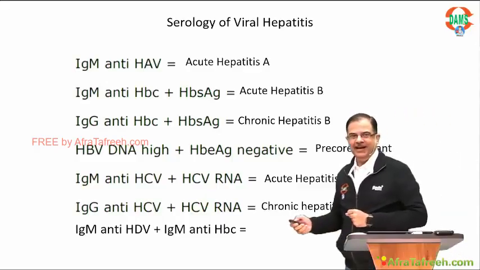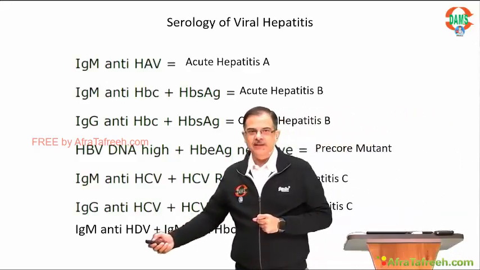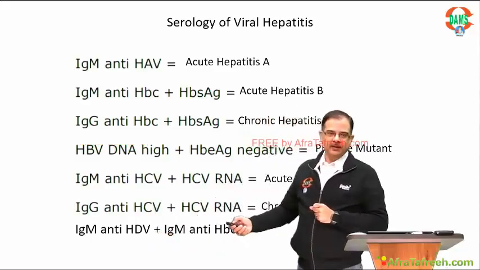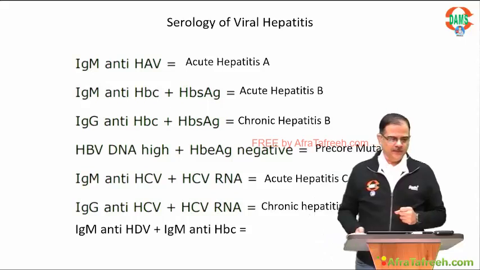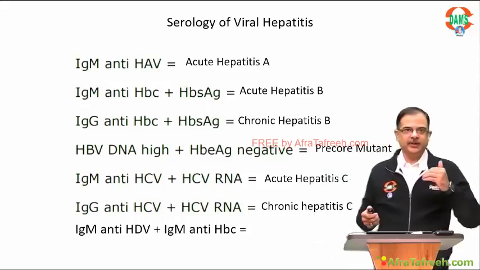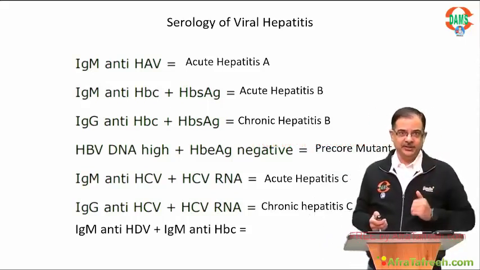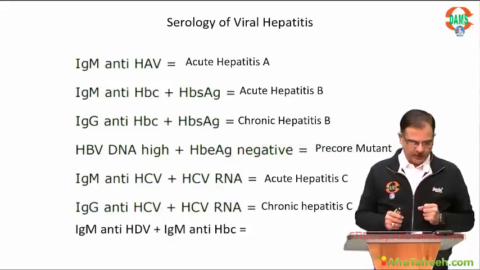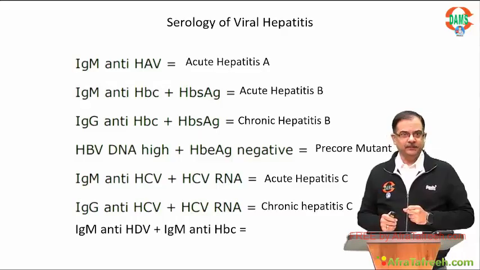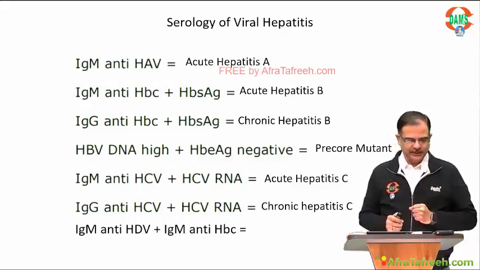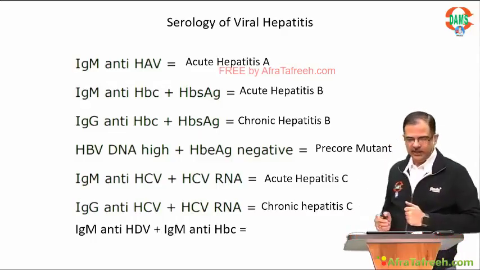Now, additionally, what about this one? IgM anti-HDV is present, while IgM anti-HBc is present. So this is suggestive of which infection? Yes, IgM anti-HDV and IgM anti-HBc. So this is suggestive of, yes, very good.